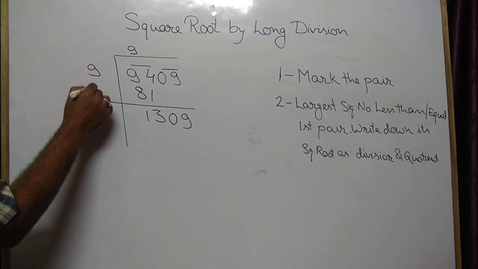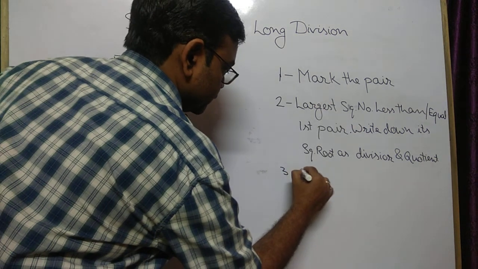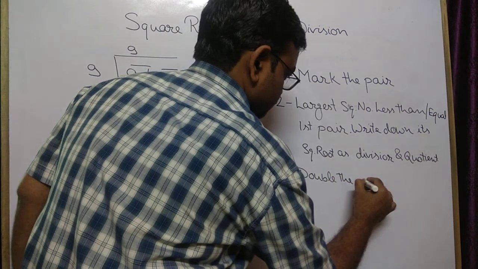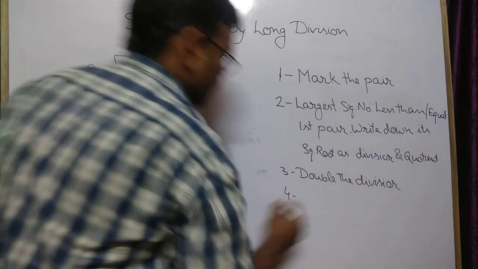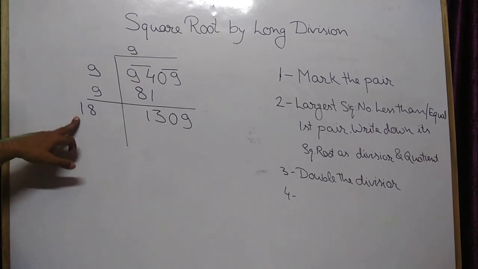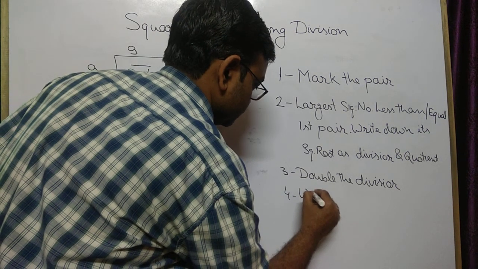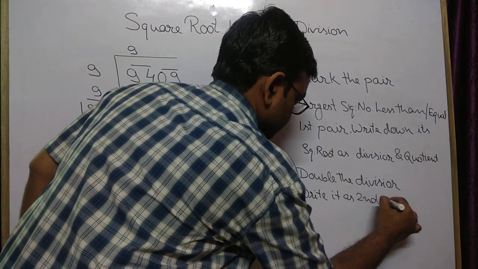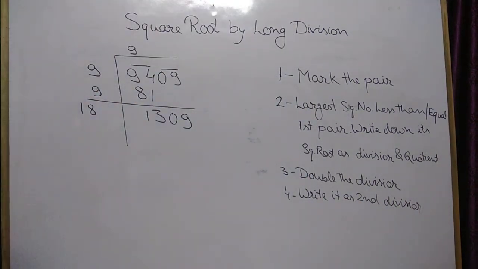Third step, double the divisor. 9 plus 9 is 18, and write this as the next divisor. Leave a space.